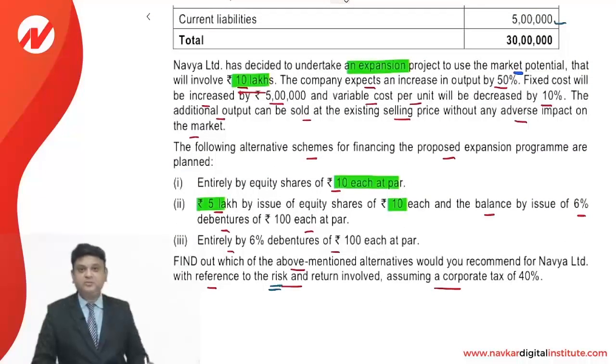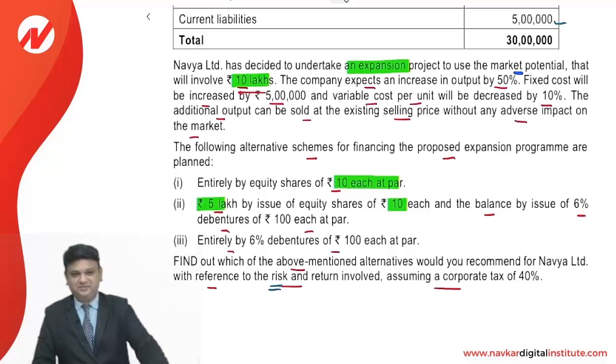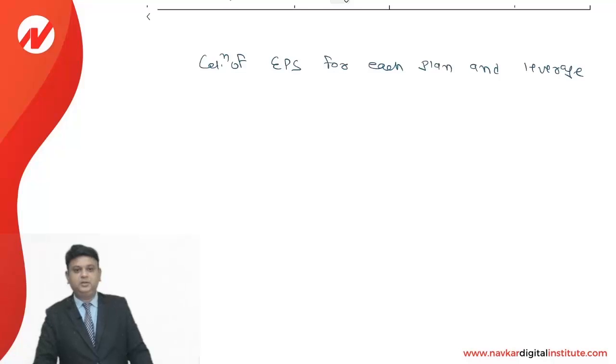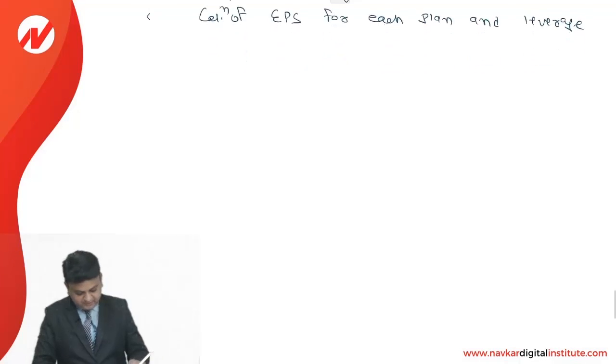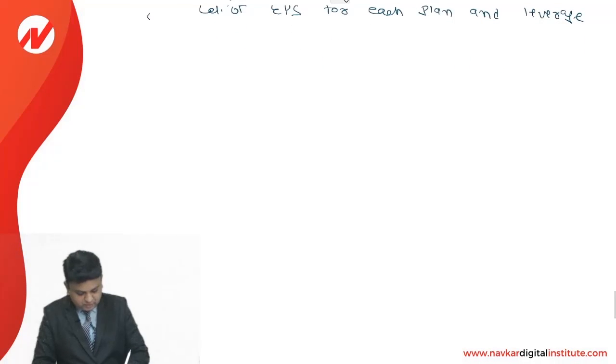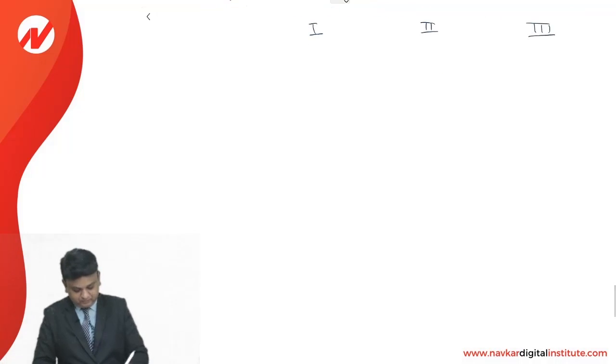So we are required to compute the risk in the form of leverage for decision making. So let us see how to calculate the answer. Plan 1 is entirely equity, plan 2 debt and equity, plan 3 entirely debt, and for that we are required to compute the answer.